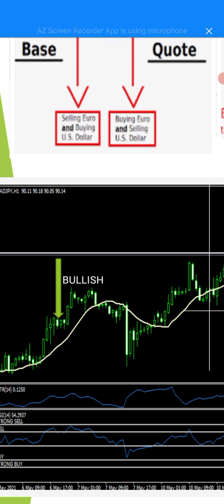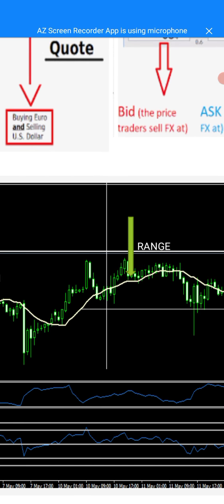The candles where the body is empty are the bearish candles, while the ones where the body is filled are the bullish candles. So you can see the bullish and the bearish candles.